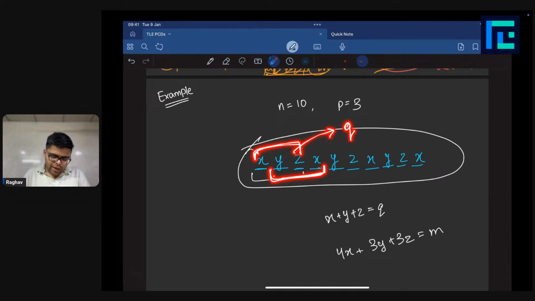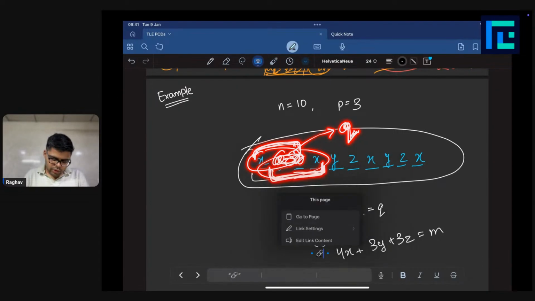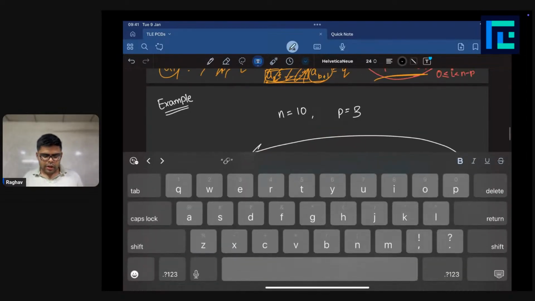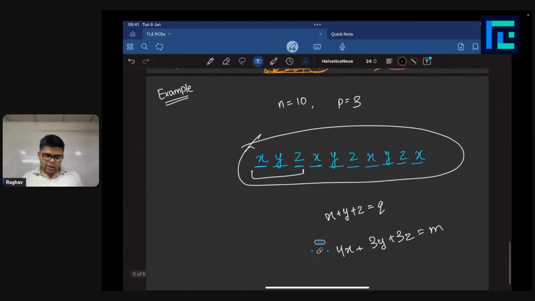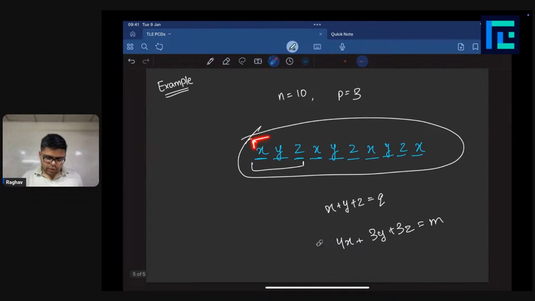And you know that if both of these need to be equal to q, it means that the sum of these three and the sum of these three should be equal. Now, in this equation, two of these are common. These two are coming up in both of these ranges, right?